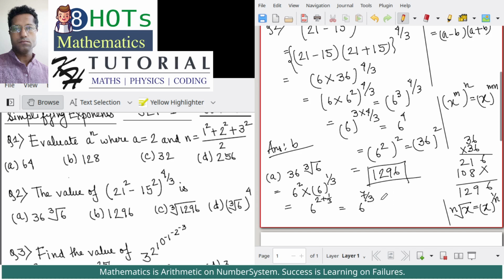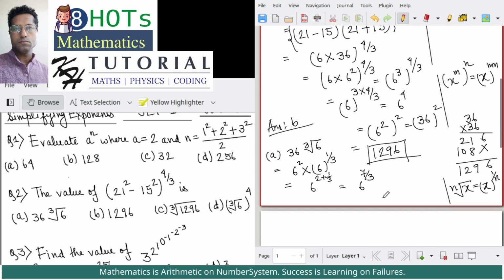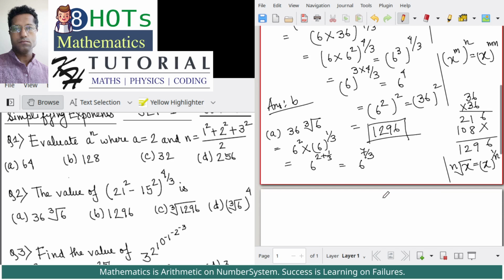I'm just explaining what the other choices given are, converting the radical terms in the other choices into exponential form. Similarly, choice B is the cube root of 1296.